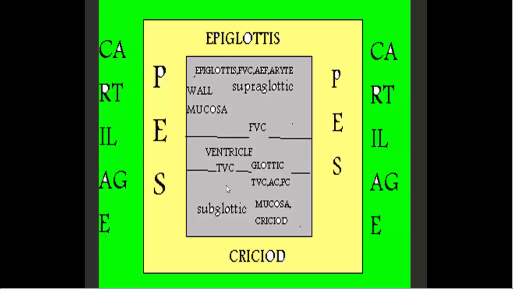Subglottic space starts from the undersurface of the true vocal cord to the cricoid cartilage, containing the arytenoid cartilage and posterior commissure. All laryngeal walls are lined by mucosa, and this mucosa is the origin of carcinoma of the larynx, which we talked about before.